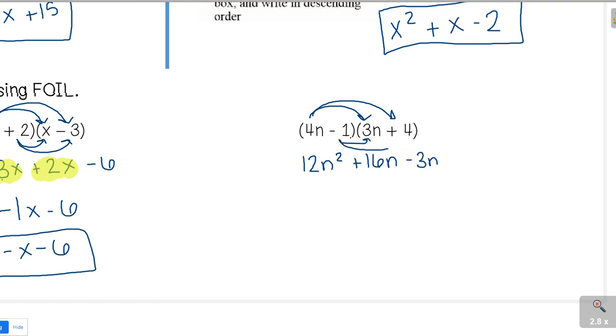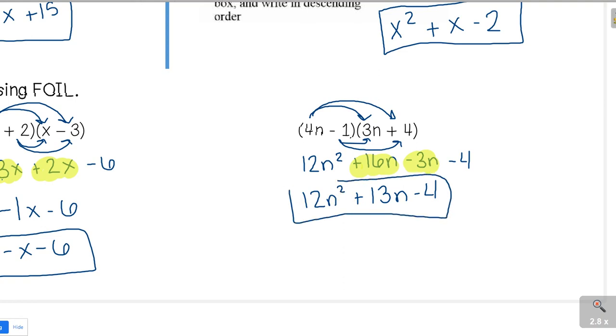And negative 1 times 4, so minus 4. Combine your like terms. We have 16n minus 3n. 16 minus 3 gives you 13, and bring down everything else. So that is FOIL.